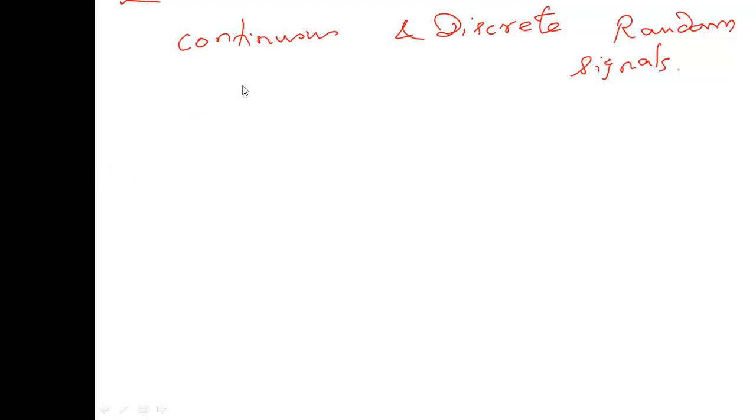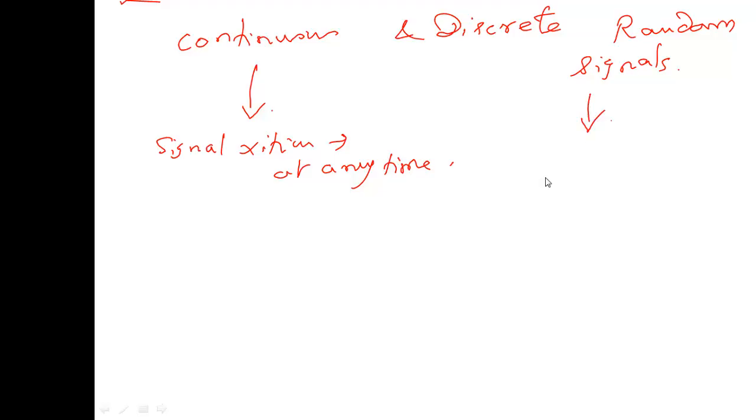Whenever I say it is a continuous random signal, the signal transition can happen at any point of time. I am not going to be delineating them with respect to any particular time instant. Whereas when I talk of the discrete random signal, as we all know, all the digital circuits are guided by the common clock traveling throughout.